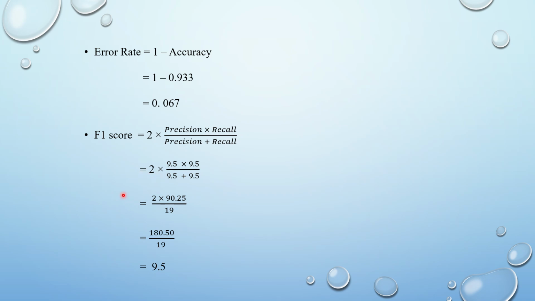So 2 times 90.25 is 180.50 and this is 19. So 180.50 divided by 19, which is equal to 9.5. So F1 score is 9.5 and error rate is 0.067.